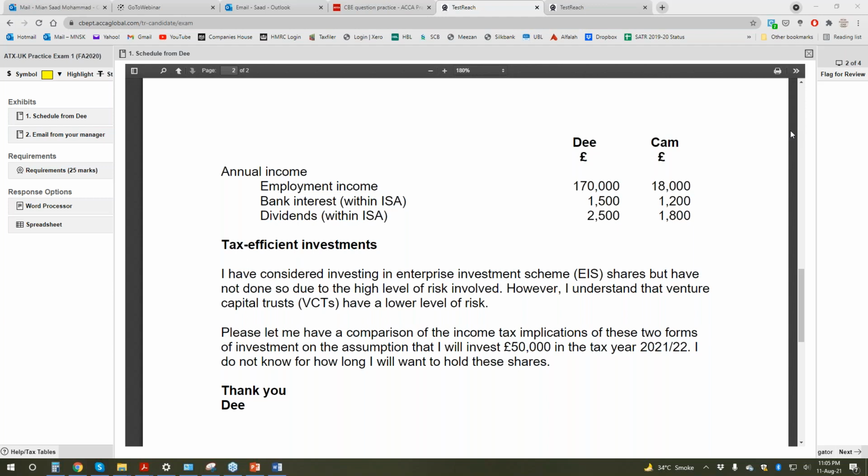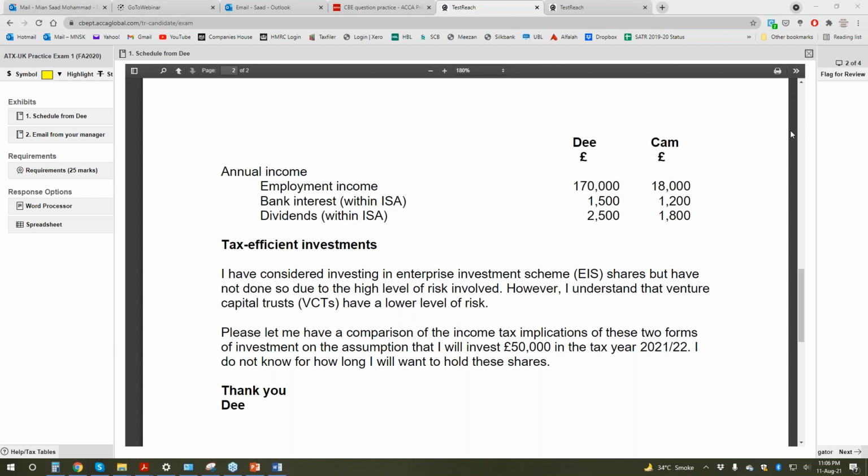Might be that is why their friend who is a tax advisor is suggesting D not to invest all of the money herself, rather share some of the money with Cam, so the tax can be avoided or saved. Why? Because the income that will be received by Cam will be taxed at a lower rate than D. So I guess that is why they have suggested tax efficient investments.